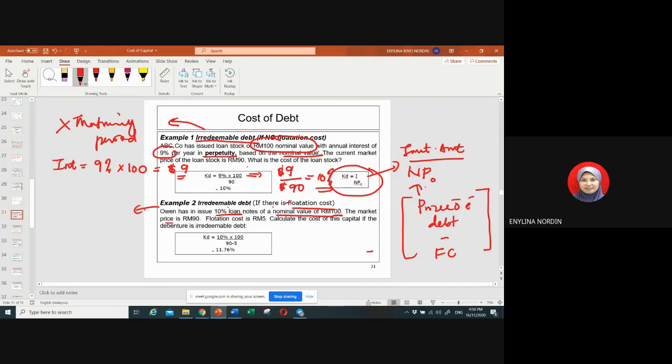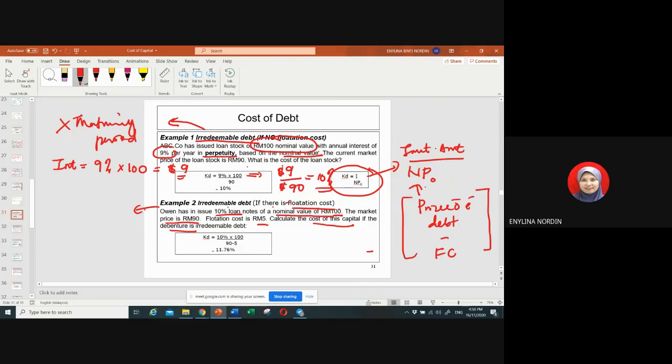The market price of the loan notes is 90 ringgit. The flotation cost is 5 ringgit. Calculate the cost of this capital if this loan note is irredeemable.